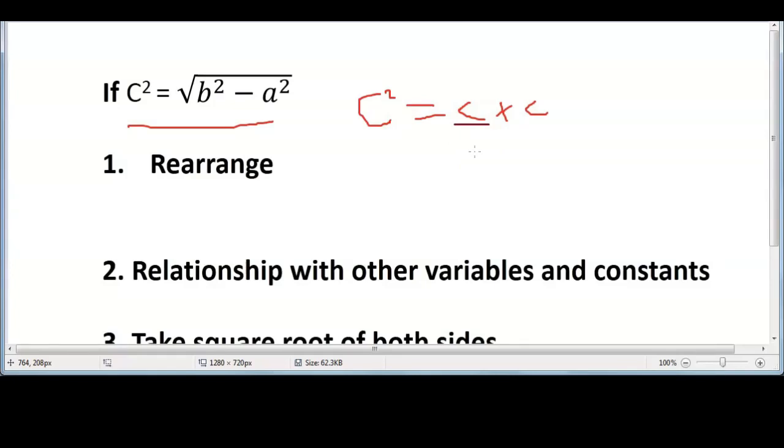So it will go like this. The square root of c square is equals to c. The square root of b square will be equal to b, and the square root of a square will be equal to a.